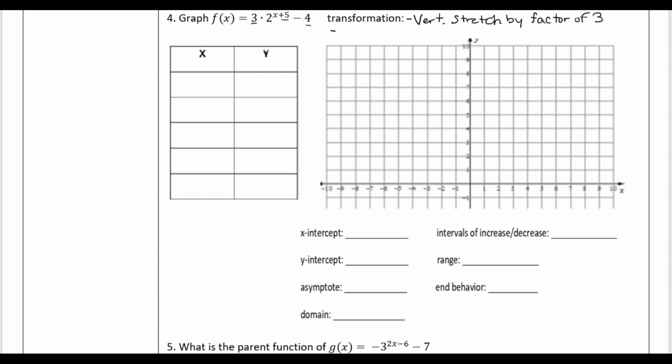We have a shift left, and it's left because it's positive here, like the actual sign here is positive, but the h is negative. So shift left 5 units. And then we want to shift down 4 units.